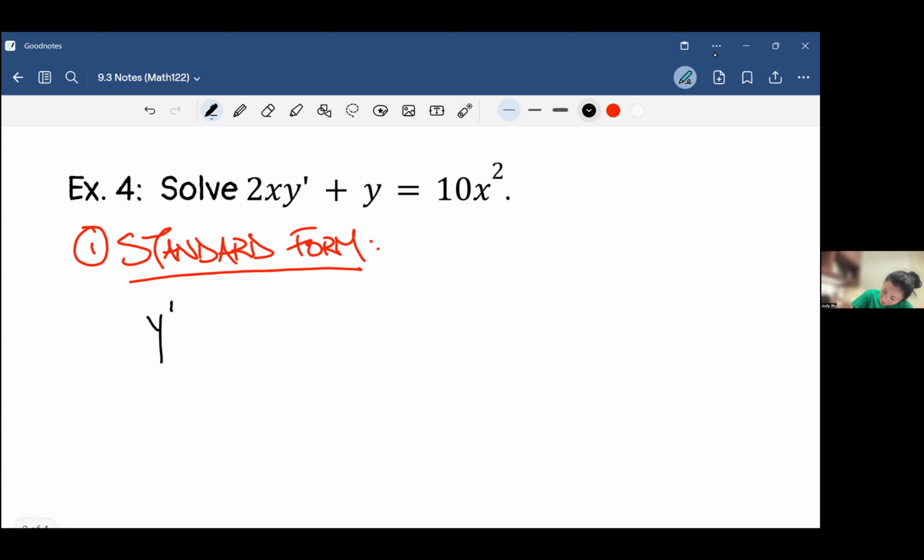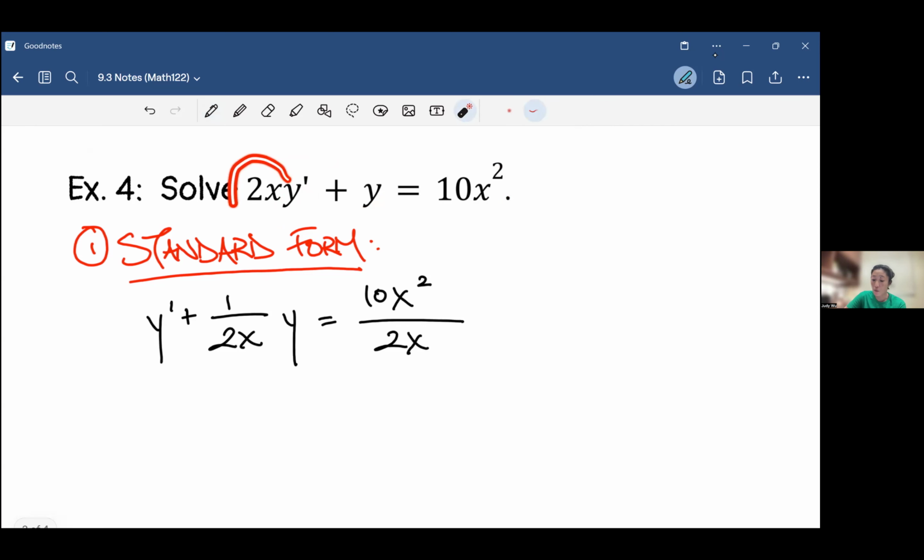Y prime plus 1 over 2x y equals 10x squared over 2x. Okay, so when there is a non-1 coefficient in front of the y prime, you do have to divide every single term by that, all right? Now, you also want to make sure that you are simplifying as you go. What I mean is over here, I can simplify this into 5x.